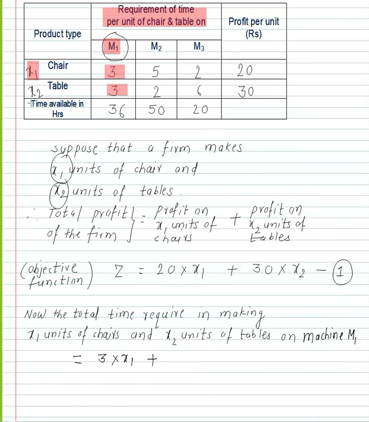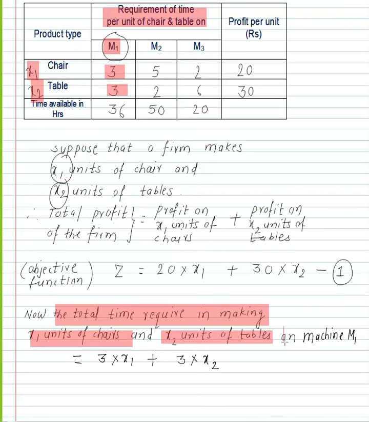So x2 units of table will require 3 into x2 hours on machine M1. So the total time required in making x1 units of chair and x2 units of table on machine M1 is 3x1 plus 3x2.